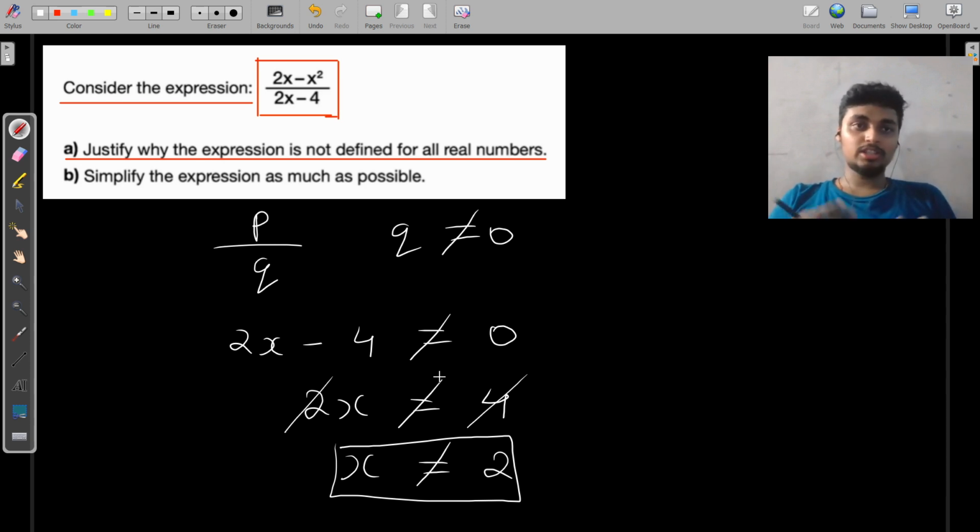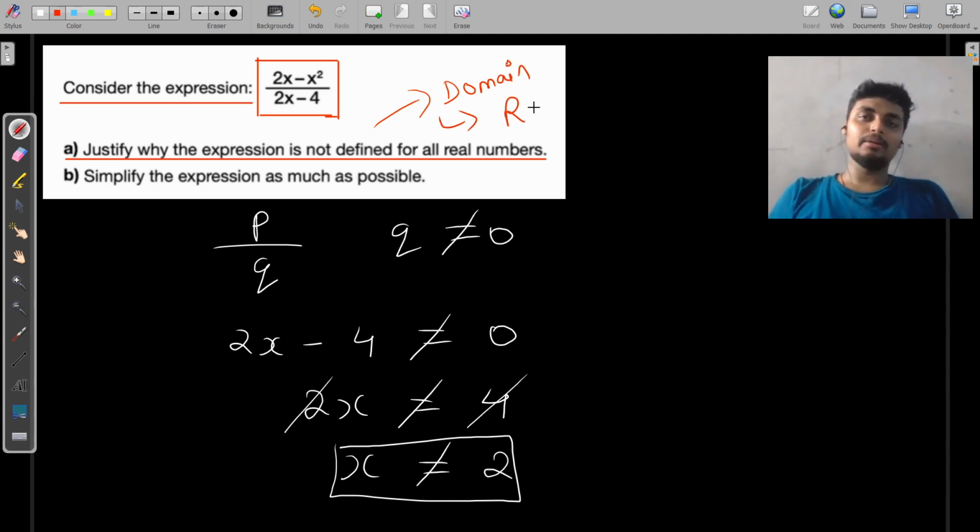So here we justified why 2 is not applicable. Except 2, any value is possible. If we have to give the domain of this expression, we can simply write that the domain is any real number except 2.